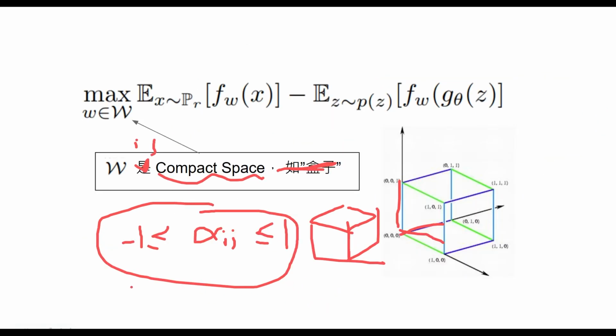But how do we force every parameter in the weights of this neural network to be bounded? So the WGAN does something really straightforward, or naive. That is, we clip the weights after each step of training.